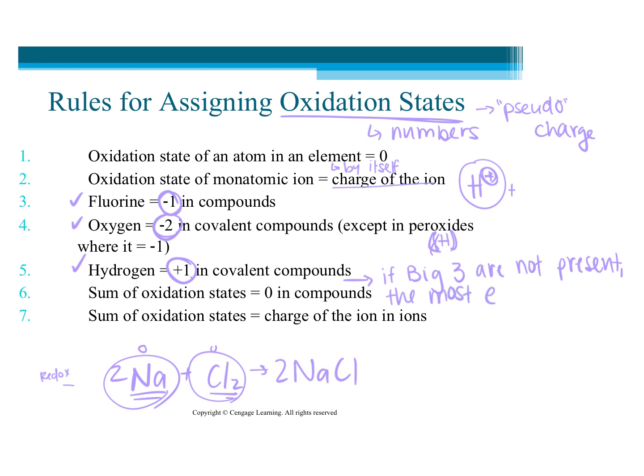If the big three are not present, the most electronegative keeps its charge. Now, how do we know which one's the most electronegative? It's the one that comes last. Okay, or if you want to think about it, it's the element that's closest to fluorine. Okay, that's how we know.